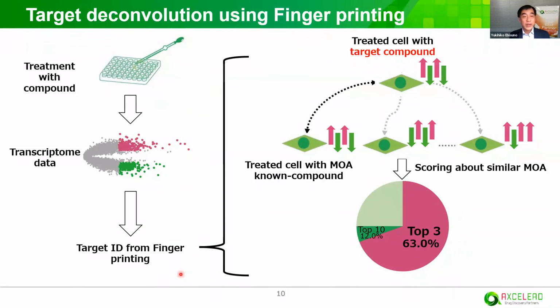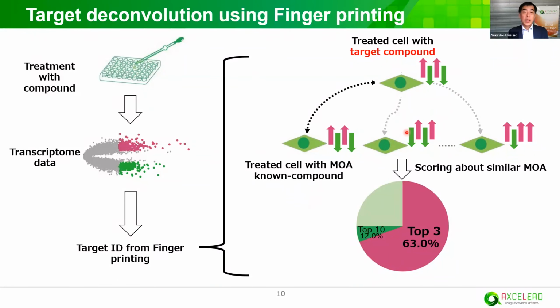And we will try to find the target from the fingerprinting data. So this one is the expression data from the treated cells. Then we try to compare it with the published database, which is expression data, fingerprinting data.